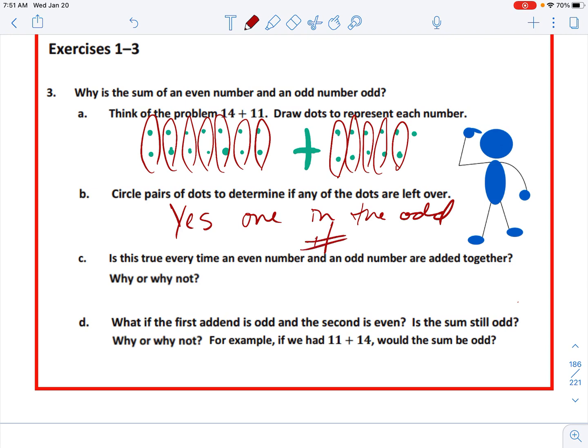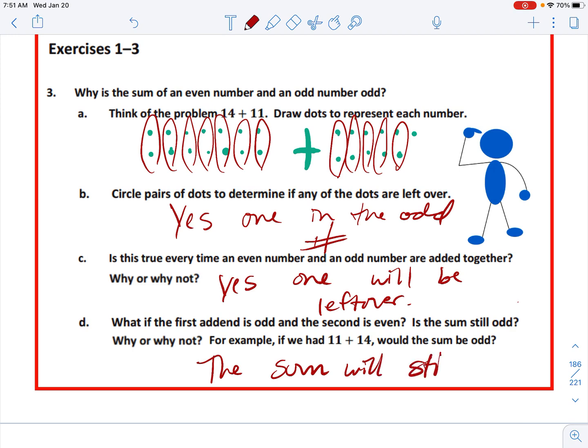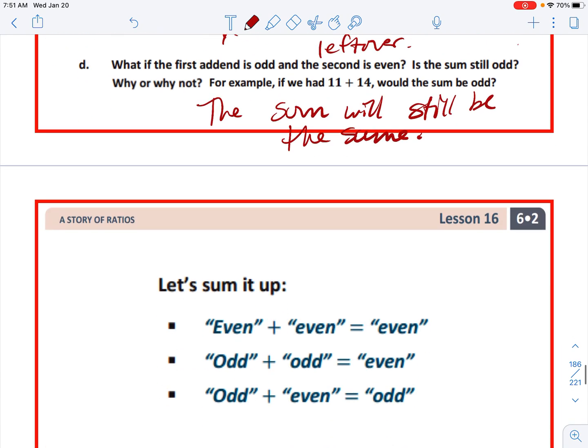Is this true every time an even and an odd number are added together? Yes, one will be left over. Always, because that odd number doesn't have another odd number to make another pair with. So there will always be an odd number when you add an even and an odd. They're asking us, what if we switch the order? The sum will still be the same.